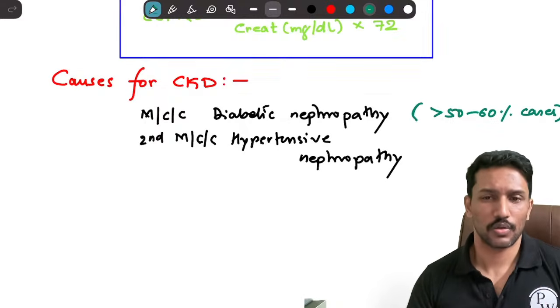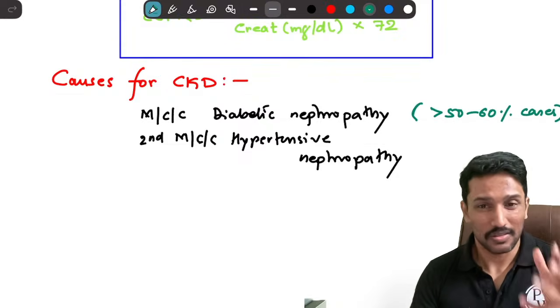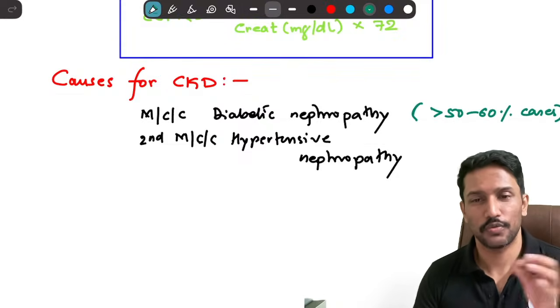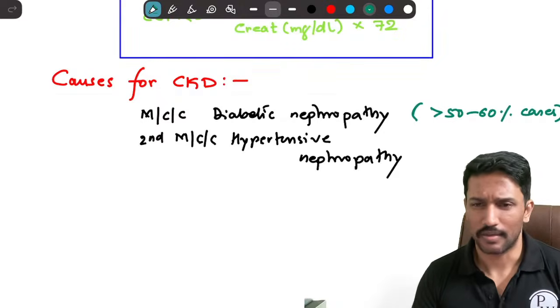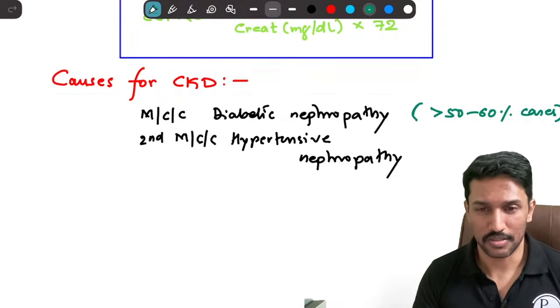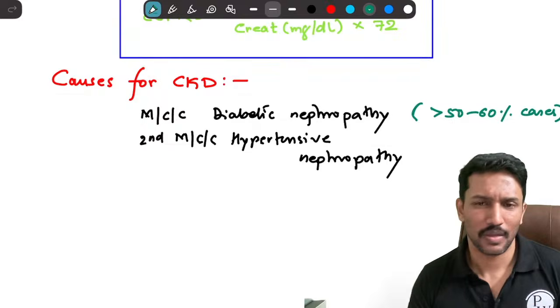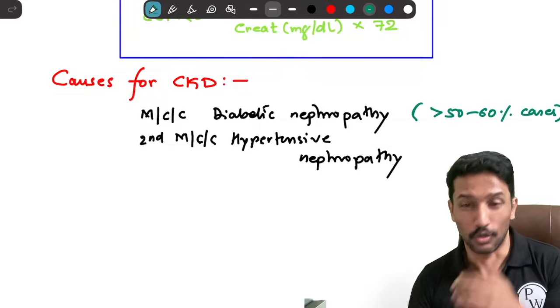All your glomerular disorders, right? What about drugs, chronic causes of renal injury because of drugs, like the long-term use of analgesics, what you call as analgesic nephropathy. All of them are quite rare, including lupus nephritis.